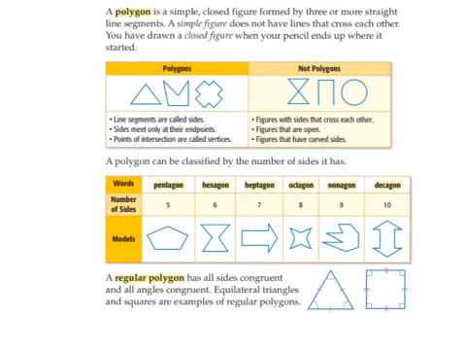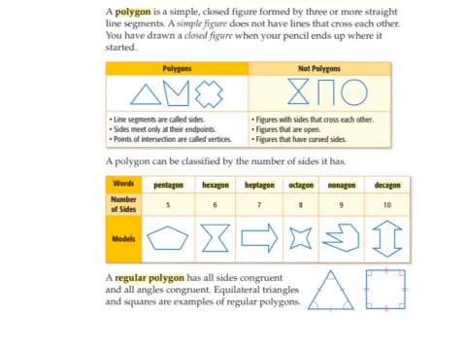And we can classify polygons by the number of sides they have. For example, we know that a four-sided shape is a quadrilateral. We know a three-sided shape is a triangle. A five-sided shape would be a pentagon. 6 is a hexagon. 7 is a heptagon. 8 an octagon, 9 a nonagon, and 10 is a decagon.